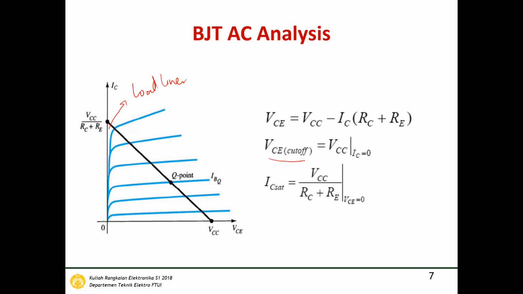So VCE cutoff is equivalent to VCC, if the IC is equal to 0 here. And then when VCE is equal to 0 here, the IC saturation is VCC per RC plus RE. So we got 2 points here in the intersection, and then we connect them. So we got the key point here.